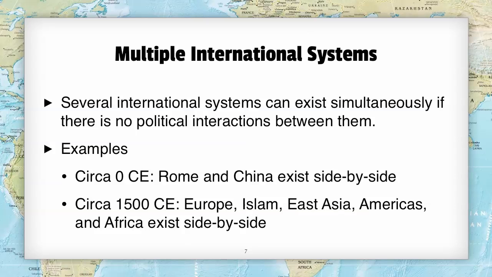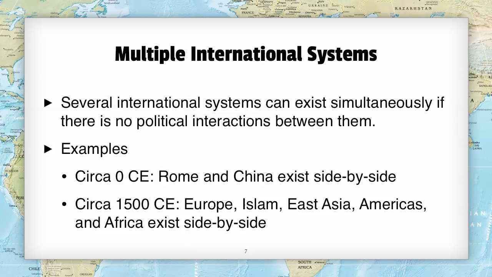There were different actors that were important and that engaged in international relations, but they didn't engage in any meaningful way politically with actors in other systems. It isn't until those systems are pulled together that you end up having the number of international systems shrinking. So several international systems can exist simultaneously as long as there's no meaningful political interaction between them.